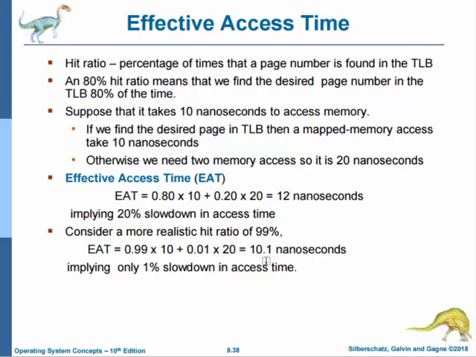For a 99% hit ratio, for example, which is much more realistic, we have a computation of 0.99 multiplied by 10 nanoseconds plus 0.01 multiplied by 20 nanoseconds, which is equivalent to 10.1 nanoseconds, implying that only a 1% slowdown will be in the access time.